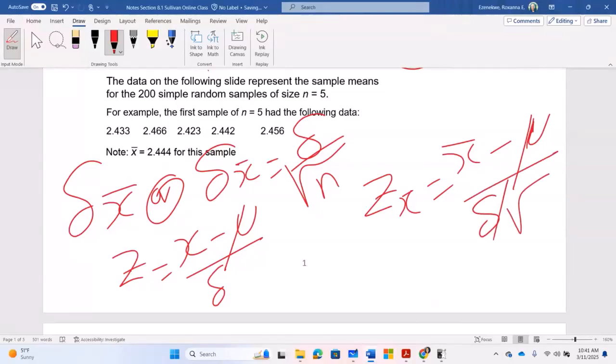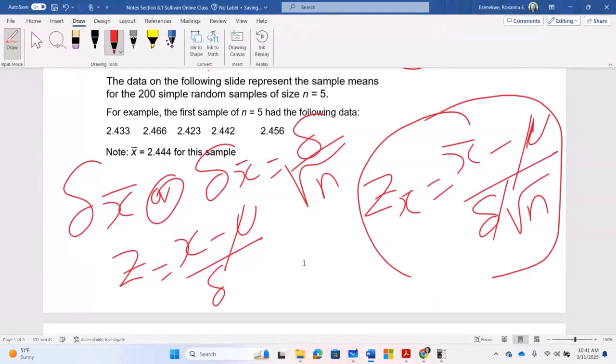Standard error is the standard deviation of the central limit theorem. This is the formula for the z-score of the central limit theorem.